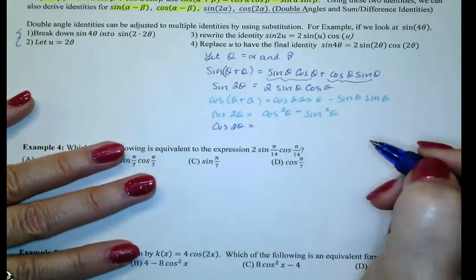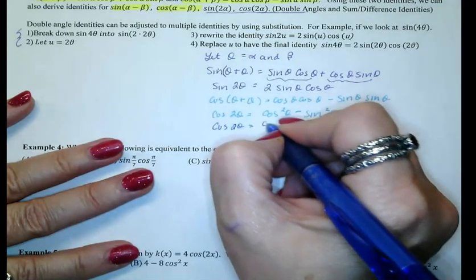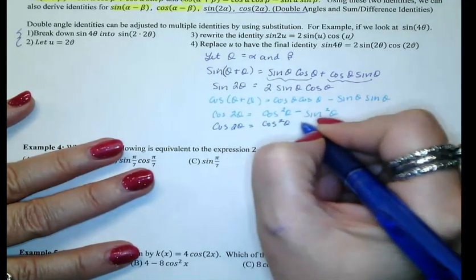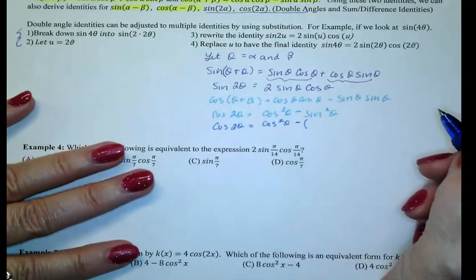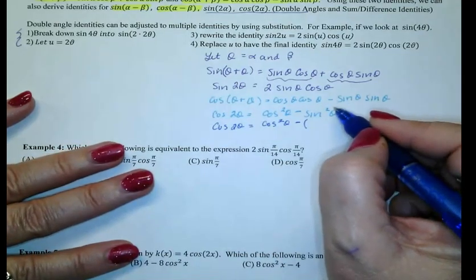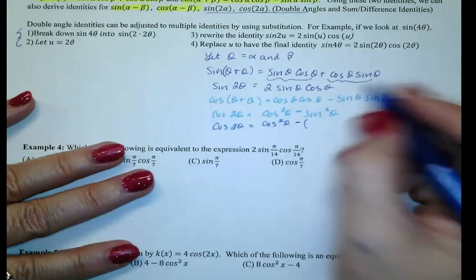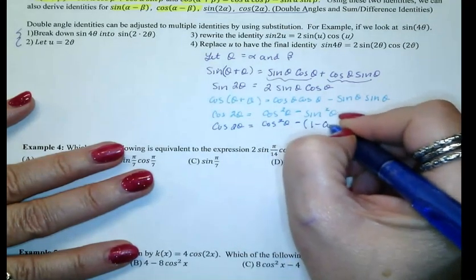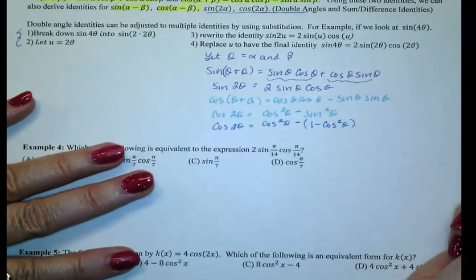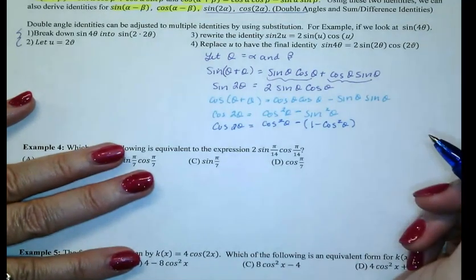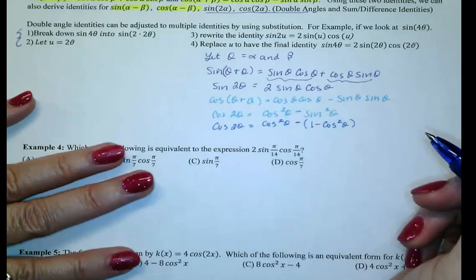All right, so I'm going to have cosine 2 theta. And I'm going to do cosine 2 theta minus, and then I'm going to use the Pythagorean theorem to turn sine squared theta into cosine. So I can do 1 minus cosine squared theta. And so then what I have is a place where I can collect like terms.